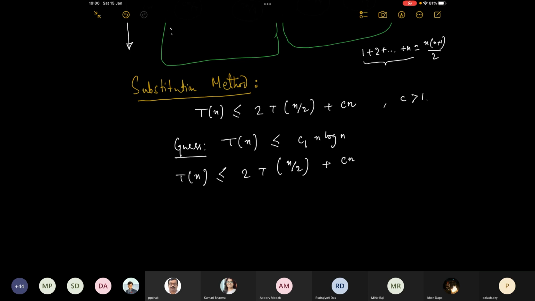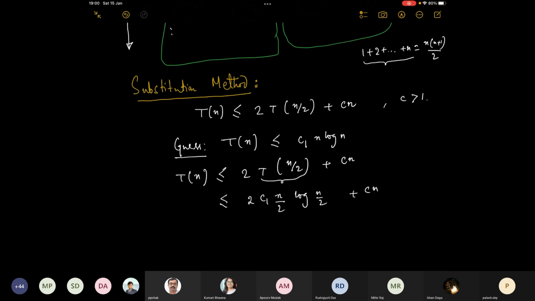By the induction hypothesis, I know that T(n/2) is less than or equal to C1 (n/2) log(n/2), so this is 2 C1 (n/2) log(n/2) plus Cn.